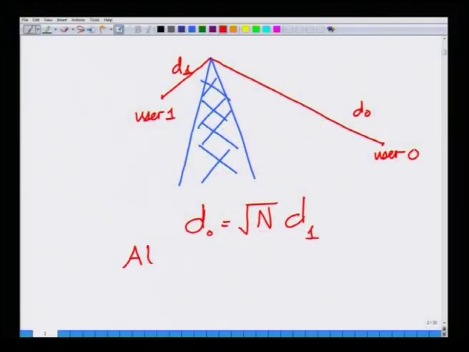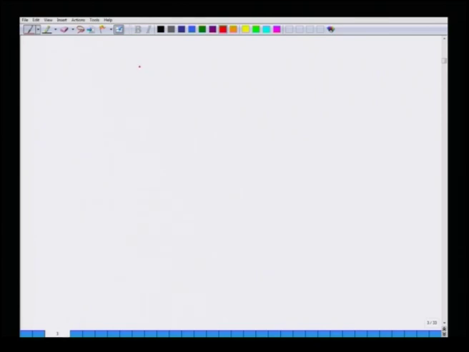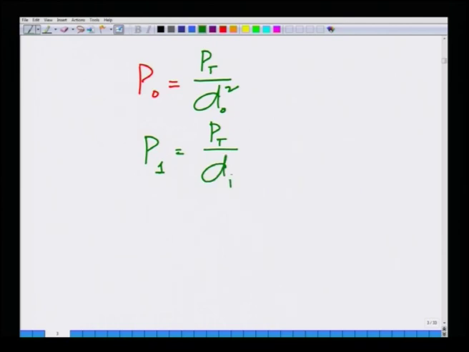Since user 0 is at a distance d0, the power received P0 is Pt over d0 square, and P1 equals Pt over d1 square.